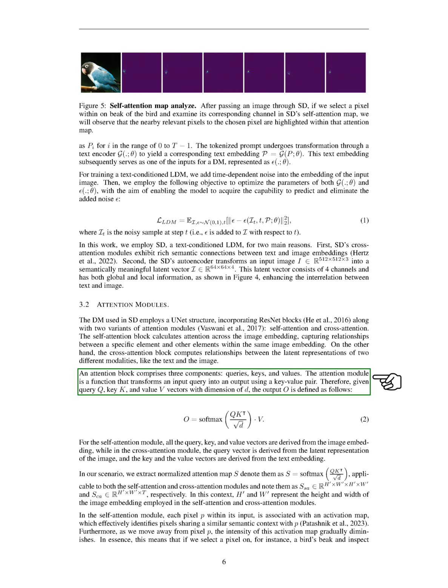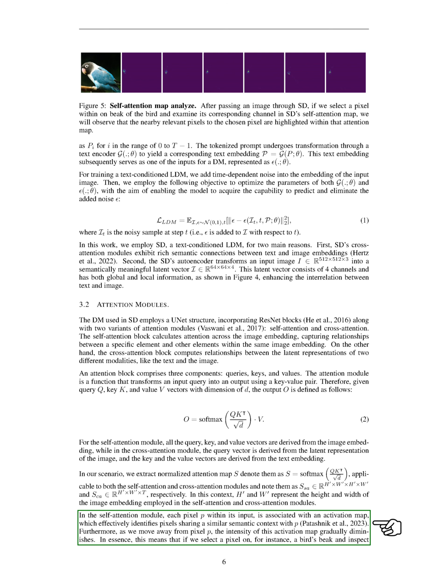An attention module consists of three parts: queries, keys, and values. It works by transforming an input query into an output using a key-value pair. In the self-attention module, all the queries, keys, and values come from the image embedding. In the cross-attention module, the query comes from the image's latent representation, and the keys and values come from the text embedding. In our study, we extract normalized attention maps, which are applicable to both the self-attention and cross-attention modules.